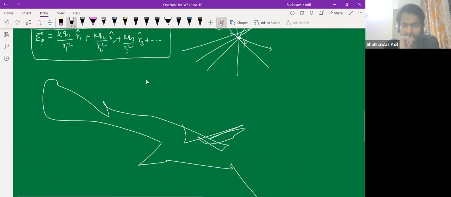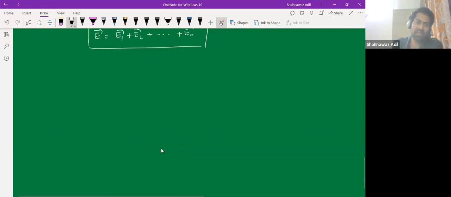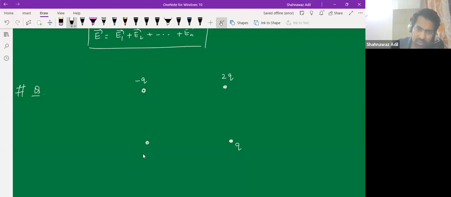Okay, and let us do a simple question on the basis of that, so this would be more clear. Let's say I have again these charges, right? So this is minus q, this is plus 2q, this is q, and this is minus 2q.